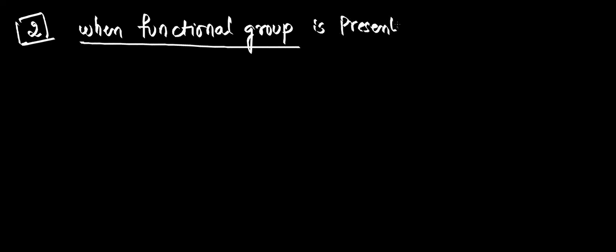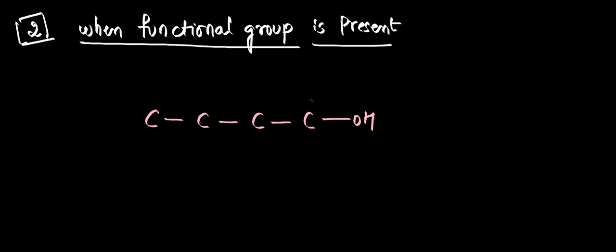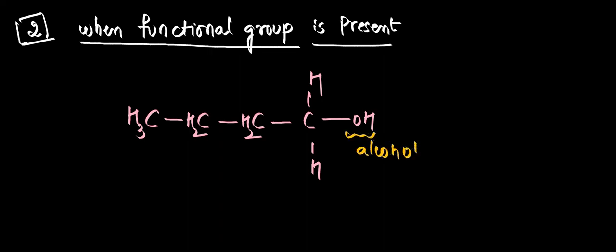Let me take an example, a 4 carbon atom containing compound. If you see here, a functional group is present. What is that functional group? It is alcohol.